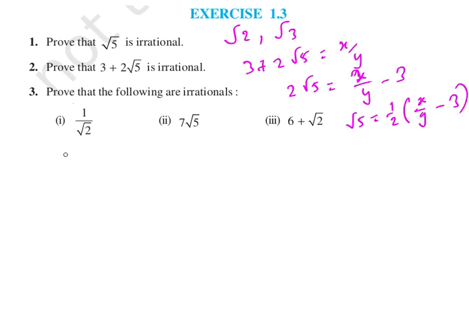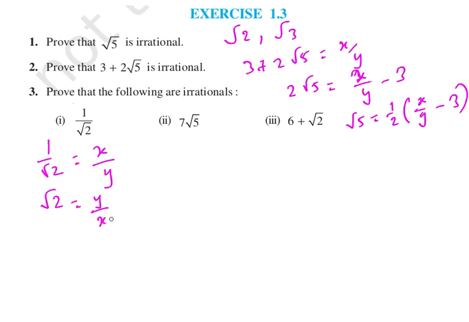If it is coming in the denominator, 1 by root 2 can be written in the form of x by y, if you assume that it is a rational number. This root 2 is coming in the denominator, so if we write both sides upside down, we get root 2 equal to y by x.